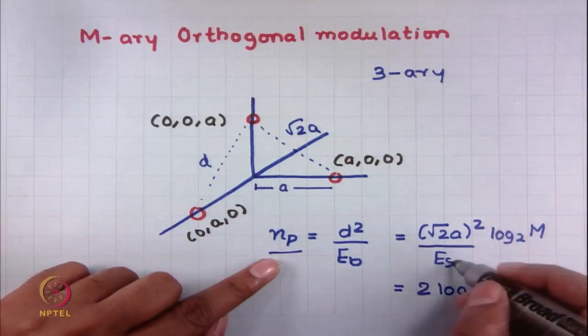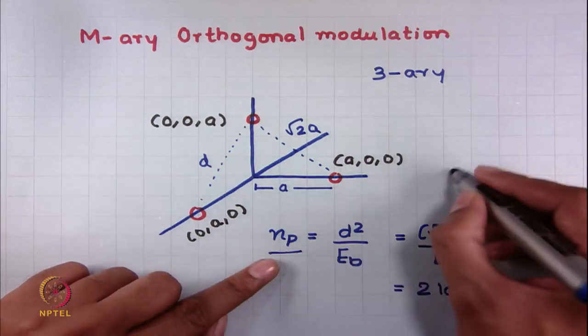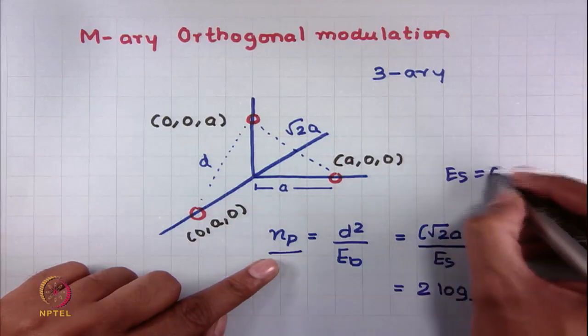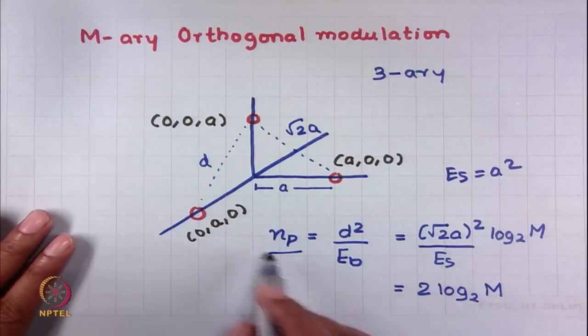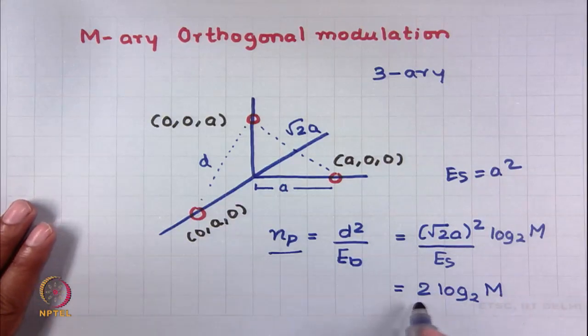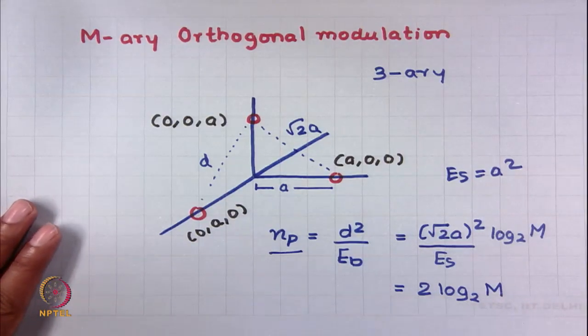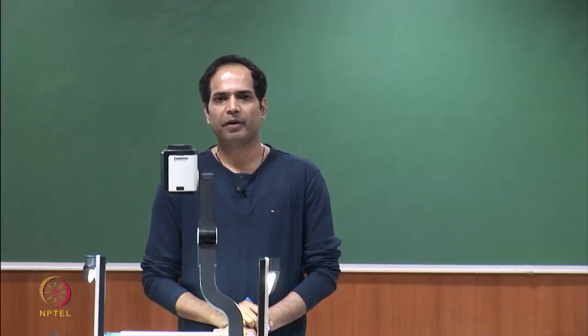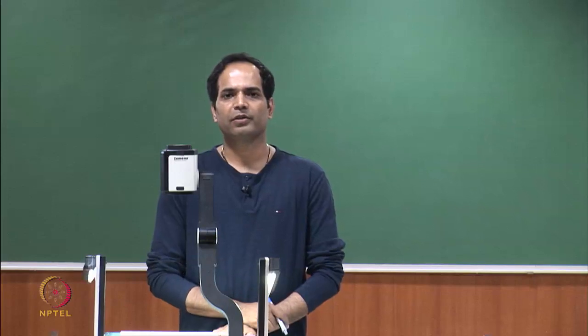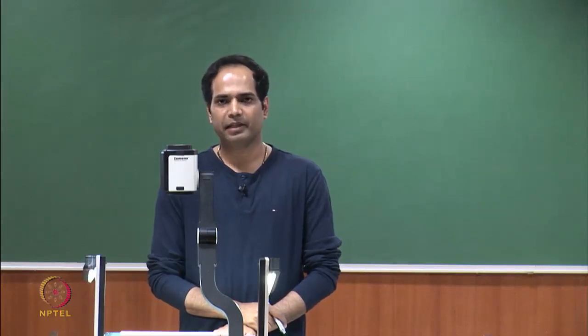And what is this Es? A symbol energy. Es is simply a squared. So, what we will get is the power efficiency is 2 times log2 M, and this power efficiency is very different from the power efficiency that we got in the case of QAM, PAM and PSK.